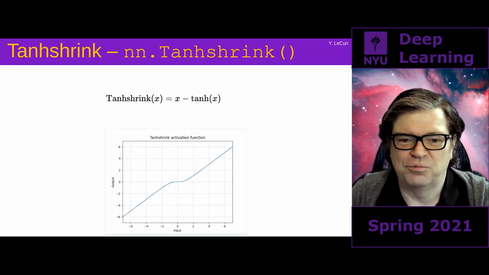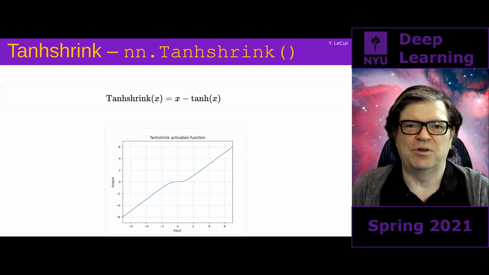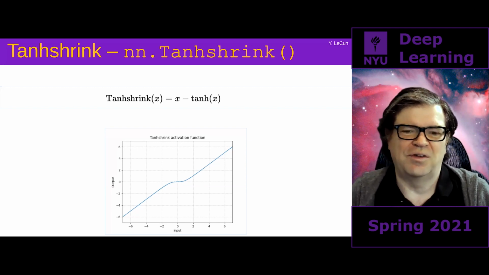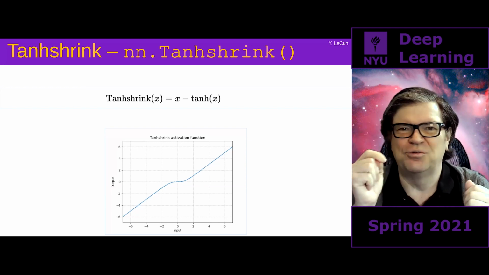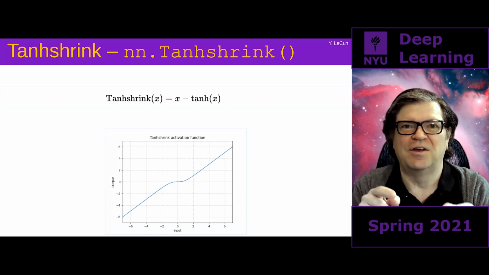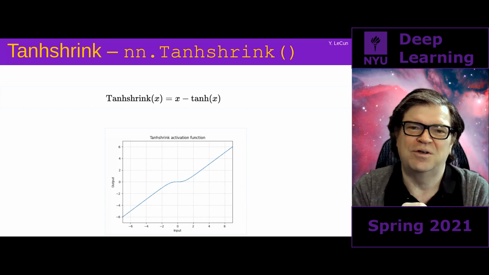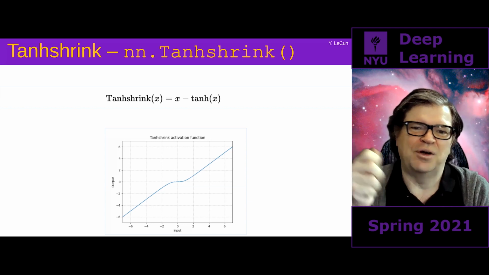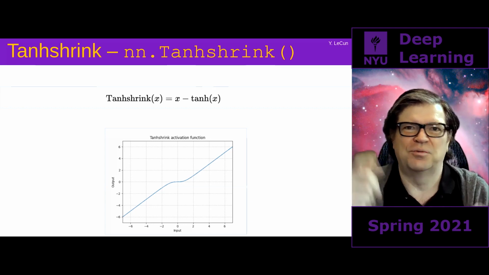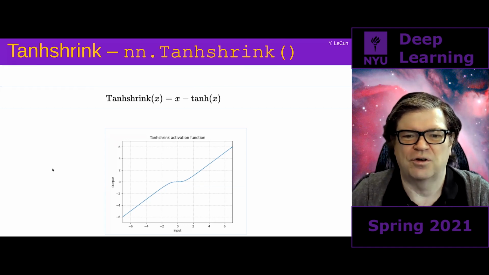So then you have weird functions that don't tend to saturate, but they sort of bring the value towards zero, right? So this is a function that if you give it a small value, it will basically return something that's really close to zero. And if you give it a bigger value, it's close to the identity, minus or plus a constant.